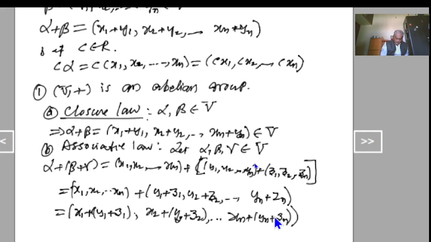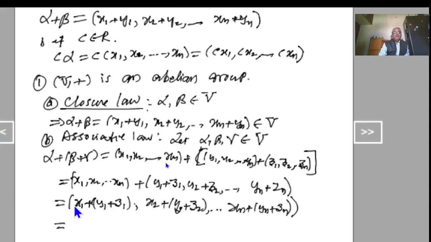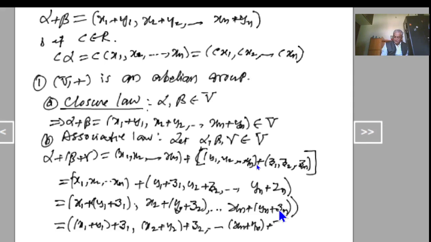See here, x1 belongs to R, y1 belongs to R, z1 belongs to R, and we know that R is a field. Therefore here the associative law with respect to addition holds in R. We can write this as ((x1 plus y1) plus z1, (x2 plus y2) plus z2, ..., (xn plus yn) plus zn).